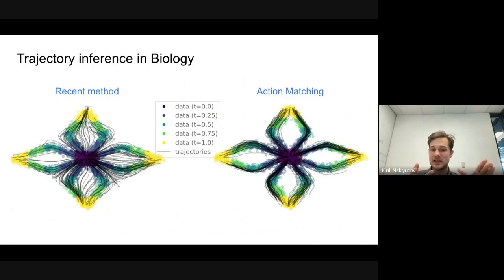Here is a toy task whose goal is to simulate what's happening, because the real data is hard to visualize. But on the toy task, we can see that we are given several snapshots, and we can then recover meaningful trajectories of these samples.